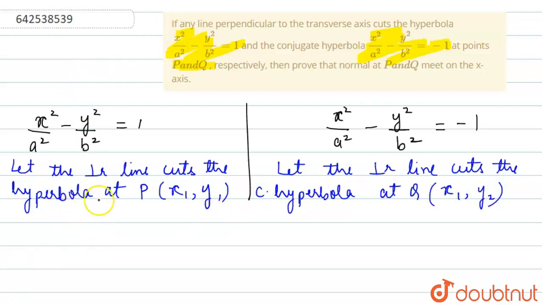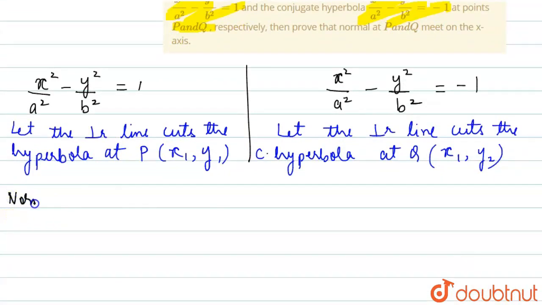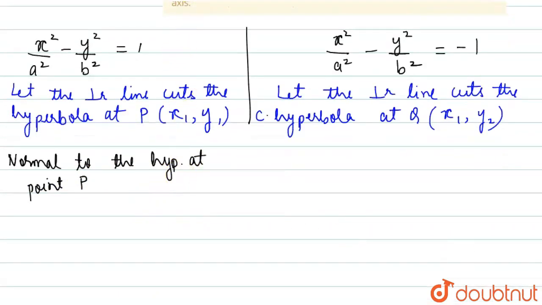Now consider the normal to the hyperbola at point P. The equation of the normal is given as a square x upon x1 plus b square y upon y1 equals a square plus b square.